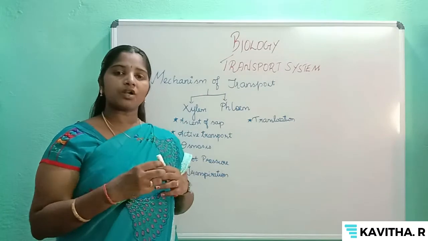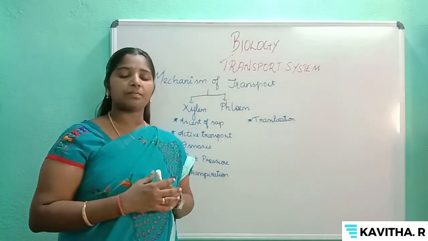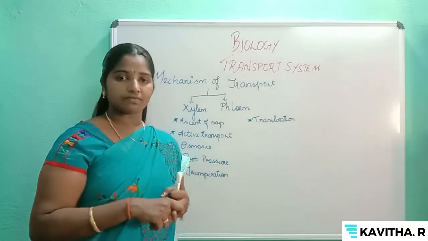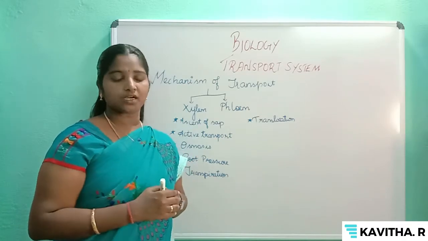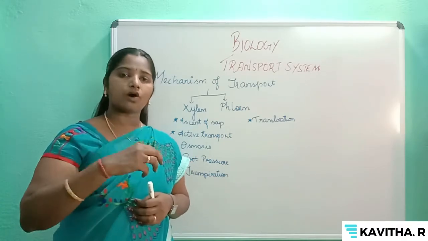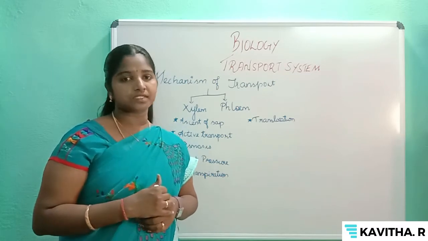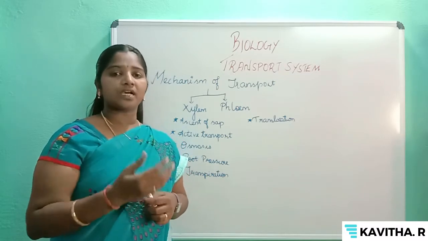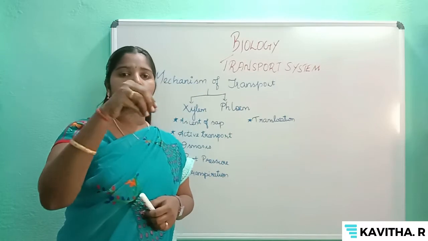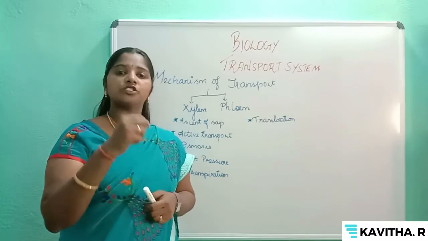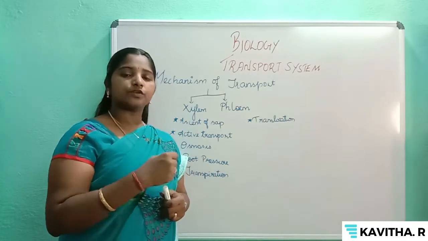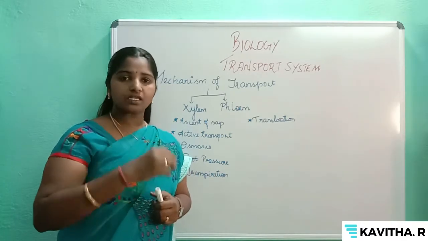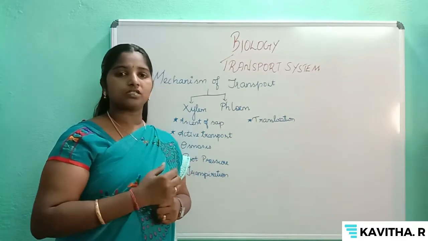When the water molecules reach the other parts of the plants like stem, leaves and flowers, during the daytime transpiration occurs. What is transpiration? Loss of water molecules in the leaves. We all know that early in the morning there are droplets on the leaves; that is because of transpiration. During the daytime sunlight falls and air comes and falls on the plant.